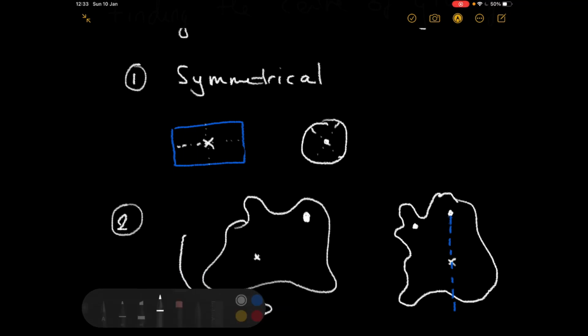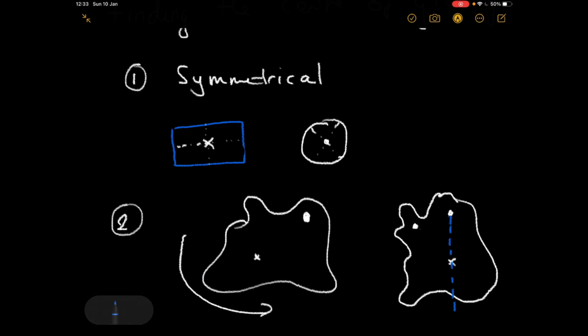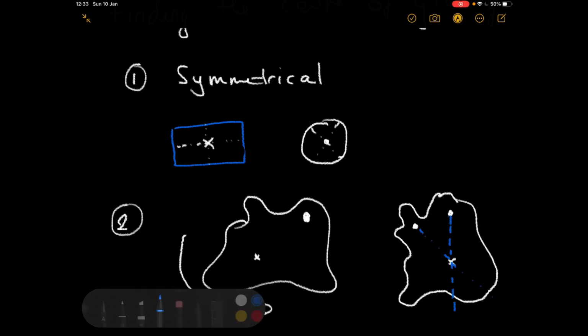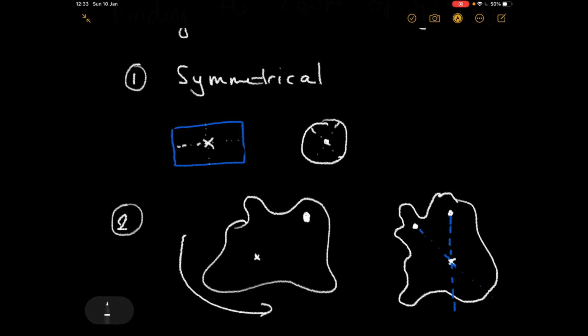Then you repeat it in a different place, allow it to freely suspend, and you'll get another line, and the center of gravity will be where those two lines intersect.